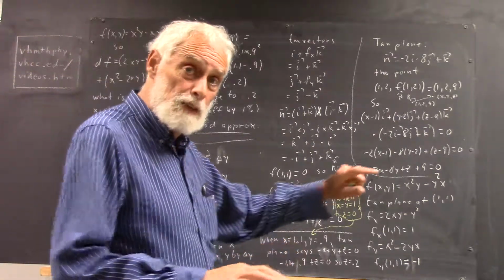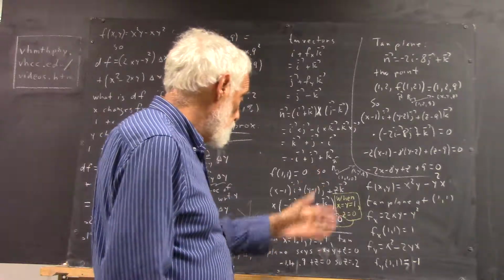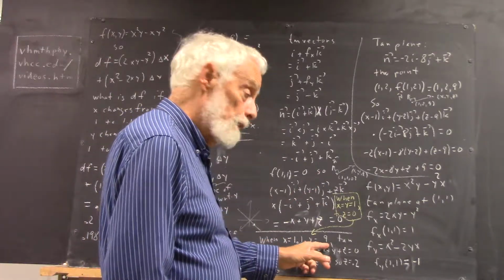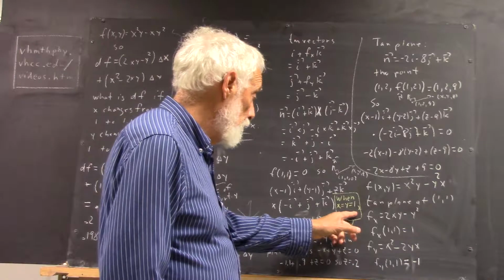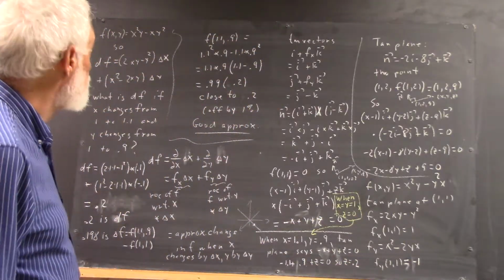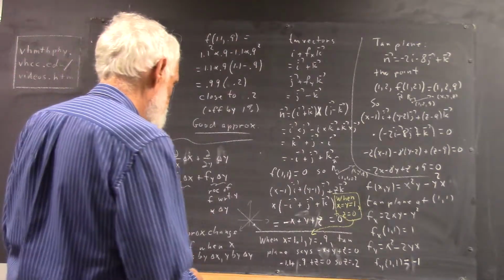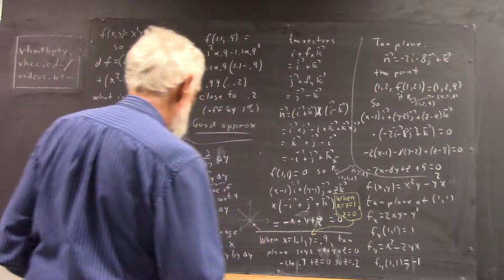So on our tangent plane, if we move from the (1, 1) point to the (1.1, 0.9) point, z goes from 0 to 0.2. Now, the actual value of f, and let's just talk a little bit about how this works.